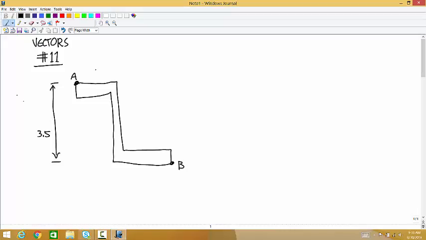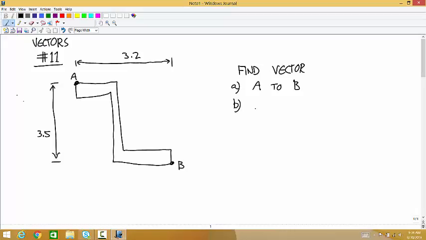And then this 3.2. We wanted to find the vector first from A to B, and second from B to A.